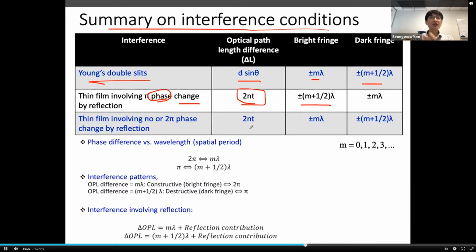If there is no change, or a change of 2 pi of the phase change by the reflection, then our optical path length difference becomes again m lambda for the bright fringe and m plus half lambda for the dark fringe. You do not need to memorize this, but I hope this helps you to understand or confirm your understanding. All right.